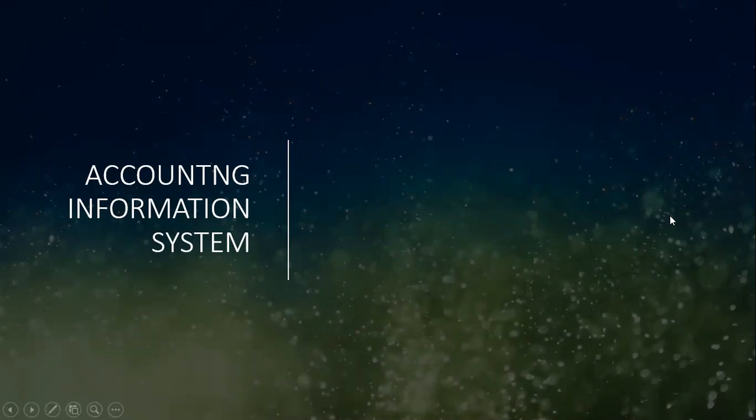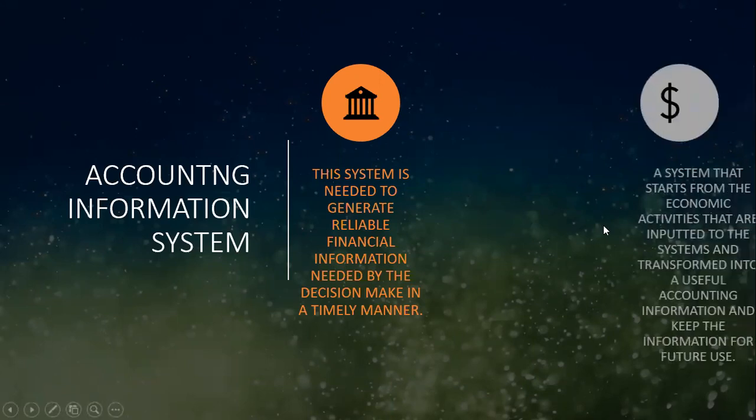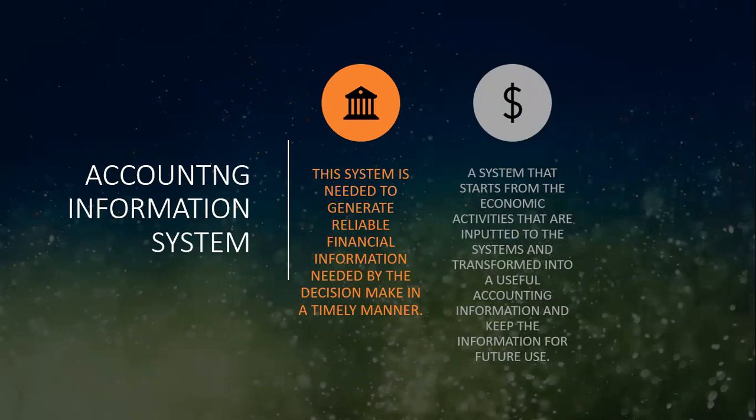If we say accounting information system, this system is needed to generate reliable financial information, particularly in the form of financial statements, needed by the decision maker in making economic or timely decisions. It is a system that starts from the economic activities that are inputted to the system and transformed into useful accounting information, and keeps the information for future use.